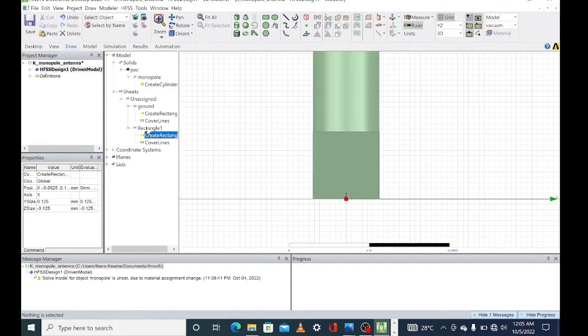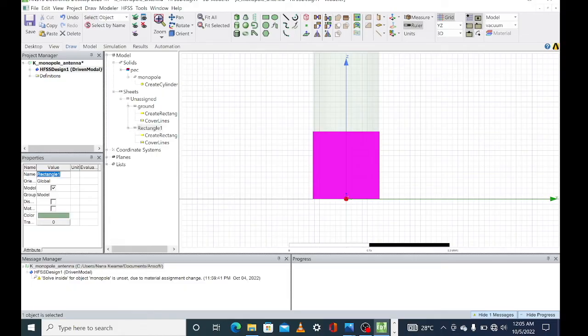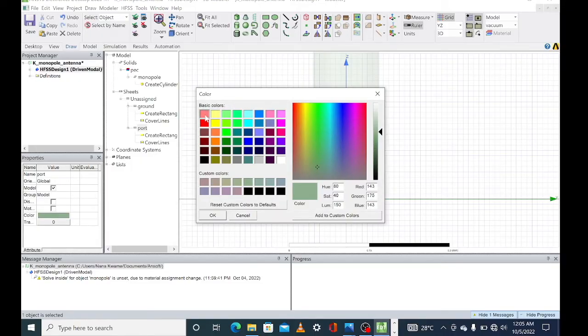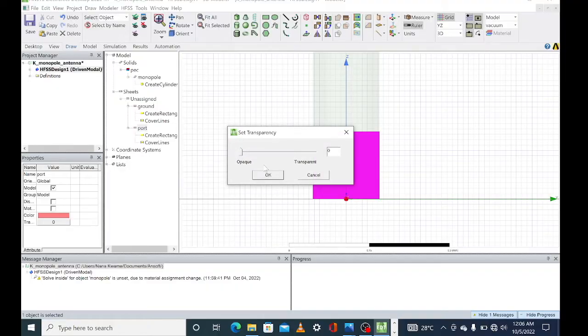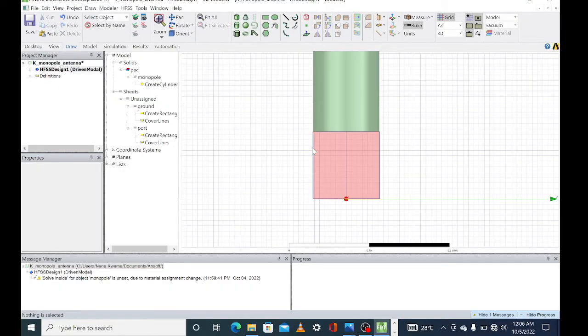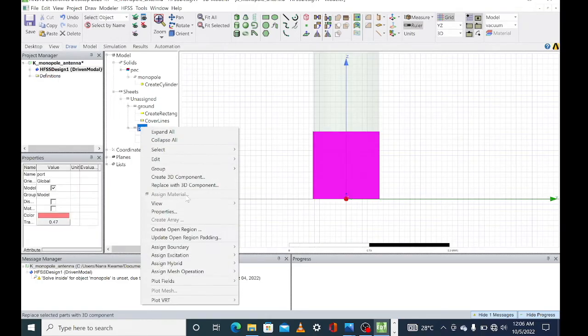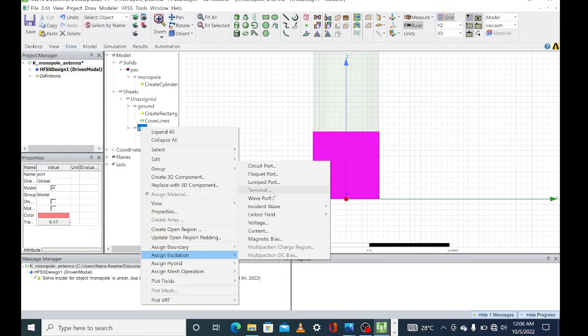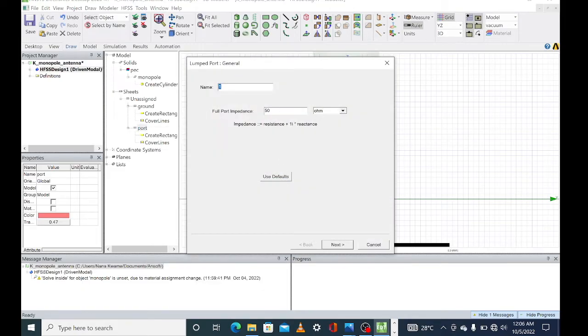I would name it port. Give it a very beautiful color, and make it a bit transparent. And I'm done with this one. I can introduce my excitation, lumped port.